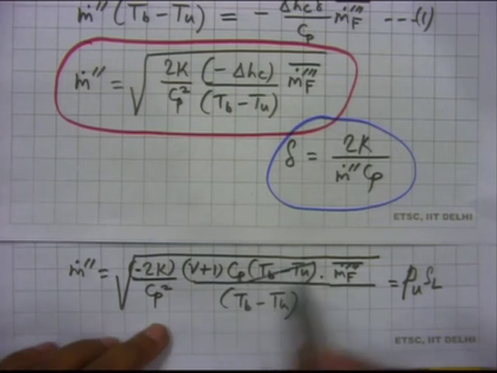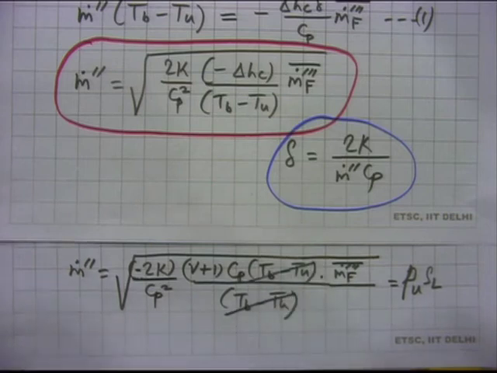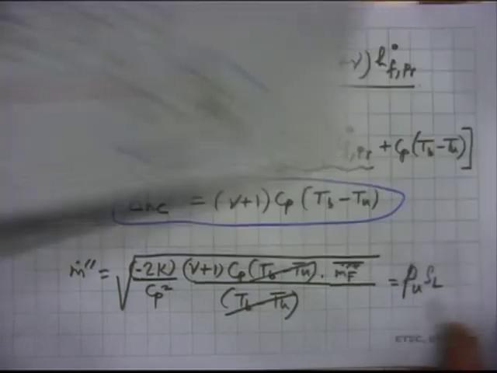Here T b minus T u will get cancelled, and if you want an expression for S L, you just divide both sides by rho u.